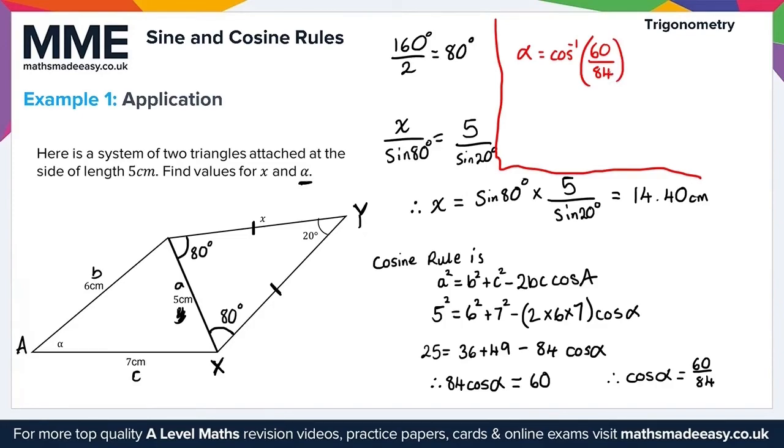And once you work that on your calculator, again, just be slightly careful here. Remember, we're going to be working in degrees here. Therefore, alpha is going to be equal to 44.42 degrees there. Okay, so we know alpha here is 44.42 degrees there, which gives us the solution to example 1 on application of the sine and cosine rules.